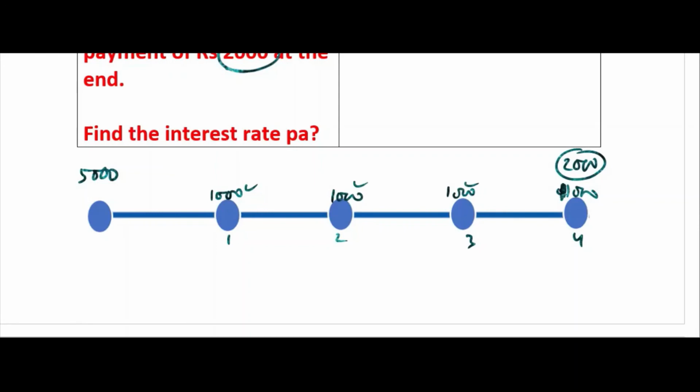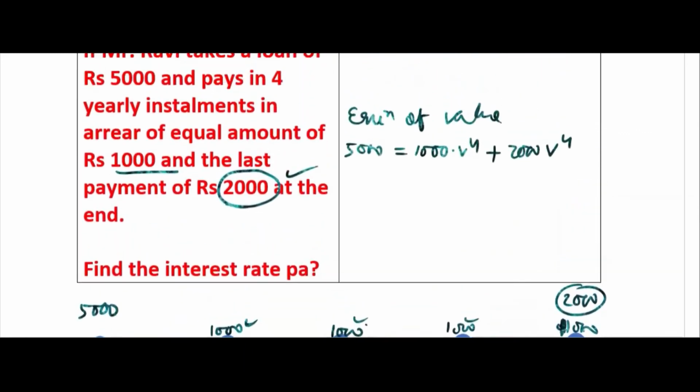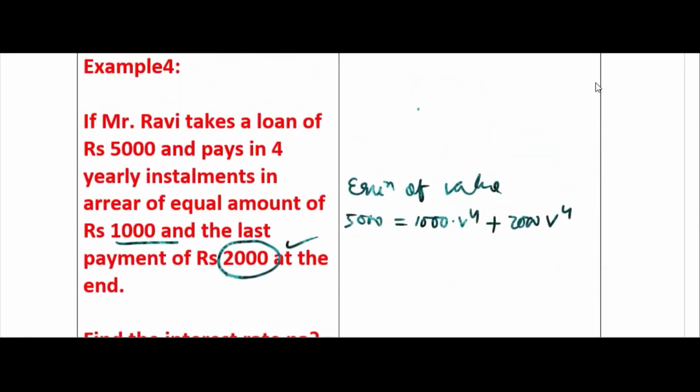One way is you consider the extra. See, 1000, 1000, 1000, 1000. You keep 1000 here, another 1000, present value 5000. That you can do, but there is no other way. I think you should use this, this is best here. You can use this one, 1 plus i to the power n, ni.